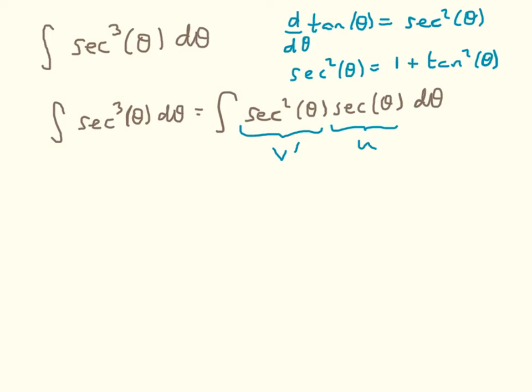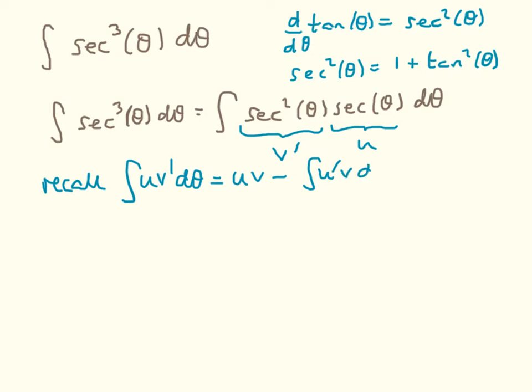So let's recall the integration by parts formula: the integral of u v prime with respect to a variable, here theta, is uv minus the integral of u prime v with respect to our variable. So that's our formula.